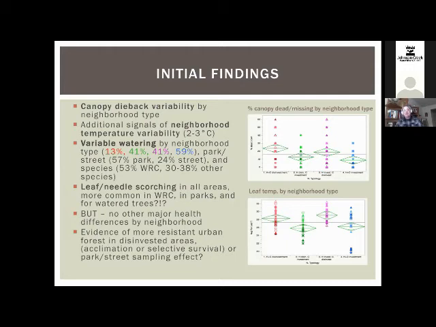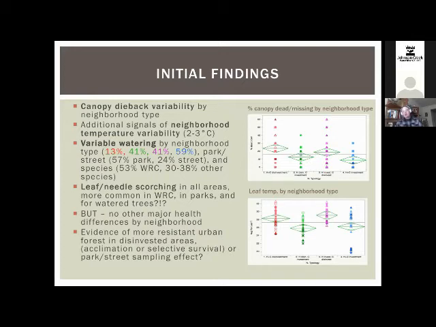And so that more stressful history over decades may have acclimated these trees to be more able to withstand the stressful heat events we saw this summer, where some of the trees that had received higher levels of care in the higher investment neighborhoods may have been more vulnerable because they depended on that level of care and thus were not acclimated to the stress conditions.